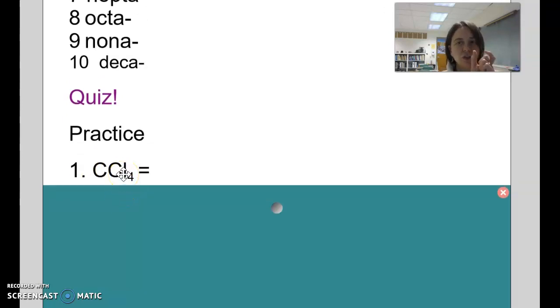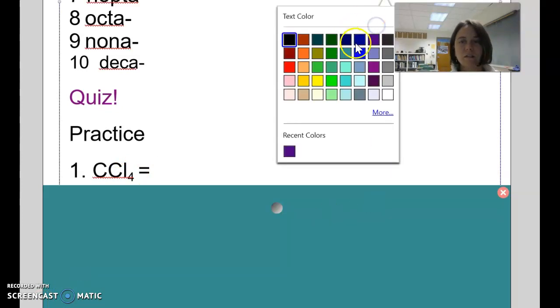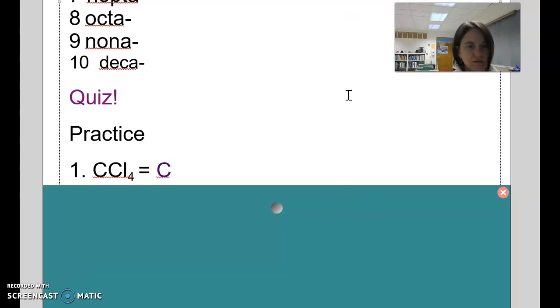And then we just use the root, and then we use the suffix IDE. So carbon tetrachloride. So let's write that out. Okay, so we have carbon tetrachloride.